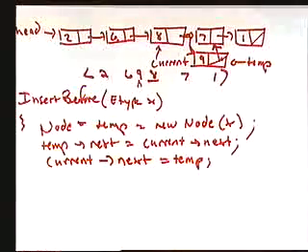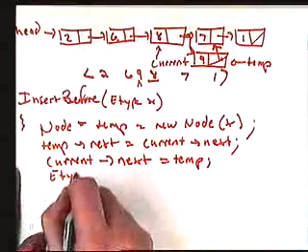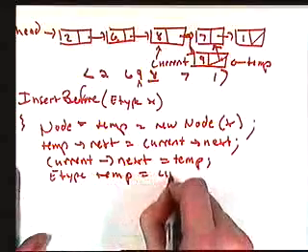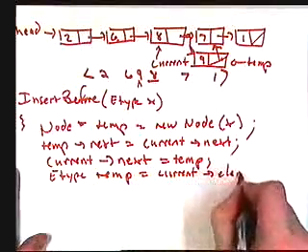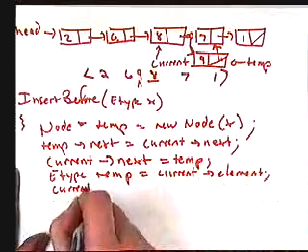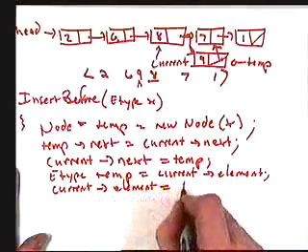But now that that's done, now that the new node has been integrated into the list, what we will do is swap 8 and 9. So I can say E-type temp equals current element, and then current element equals temp element.